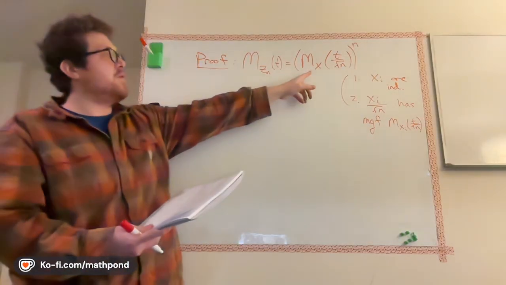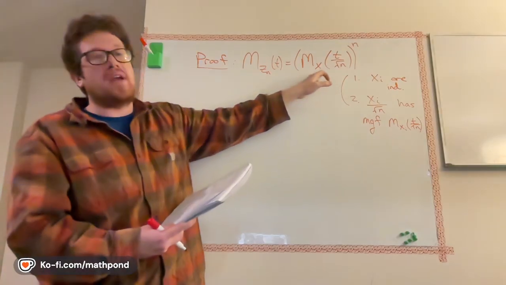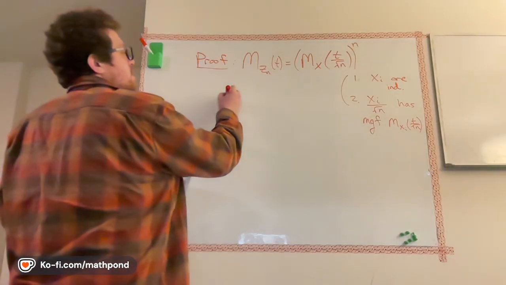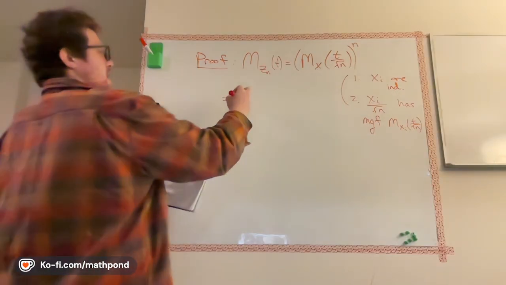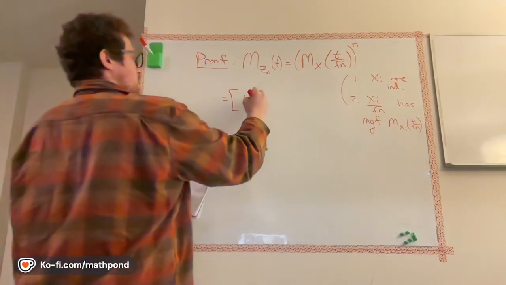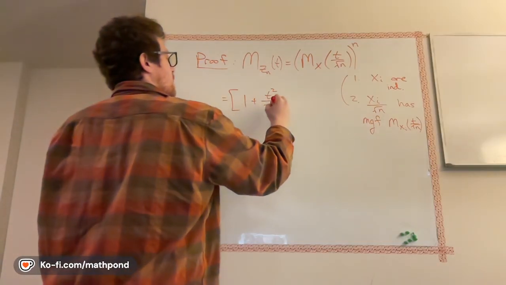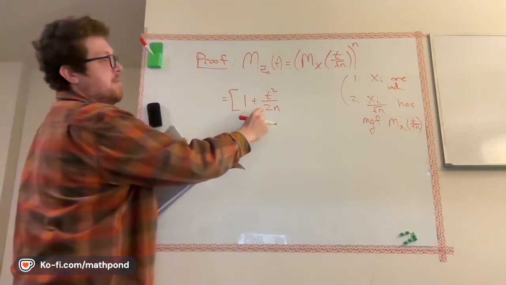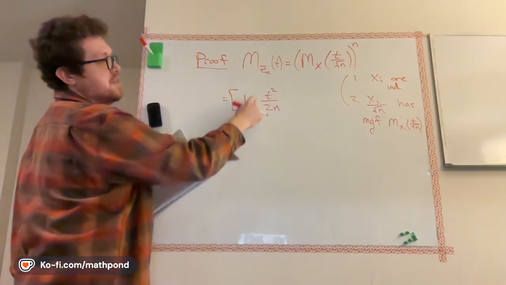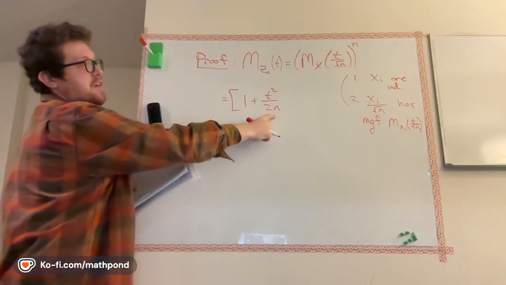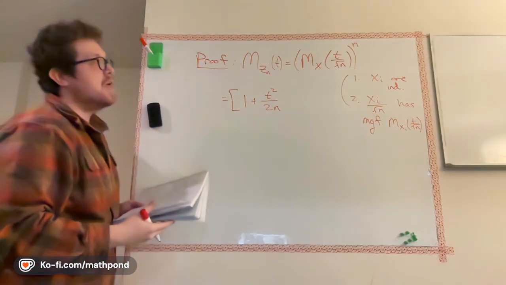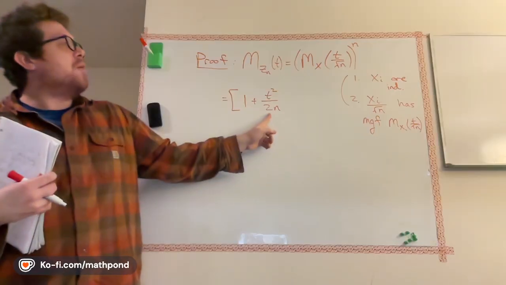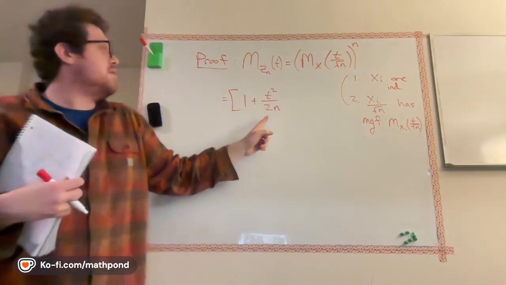Because remember, we had a way of writing this down with a remainder term that had a certain property when we divided by t squared. So this is 1 plus t squared over 2n. This is because the mean is 0, so the t term has a 0 in front of it, so there's no t term. The variance is 1, but then we're plugging in t over square root of n.